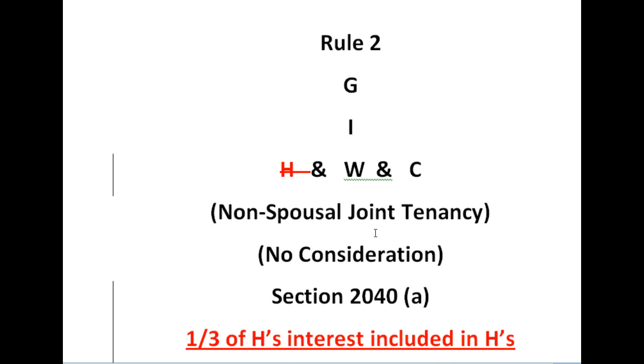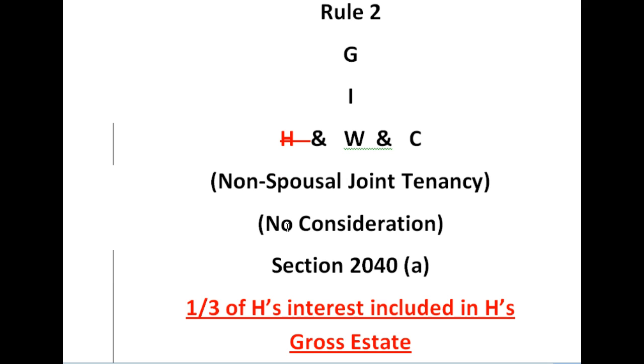Under Rule 2, it's going to relate to non-spousal joint tenancies that are acquired by gift, devise, or inheritance. And so in this situation, we have G, who has gifted property to H, W, and C, neither of whom have provided consideration.